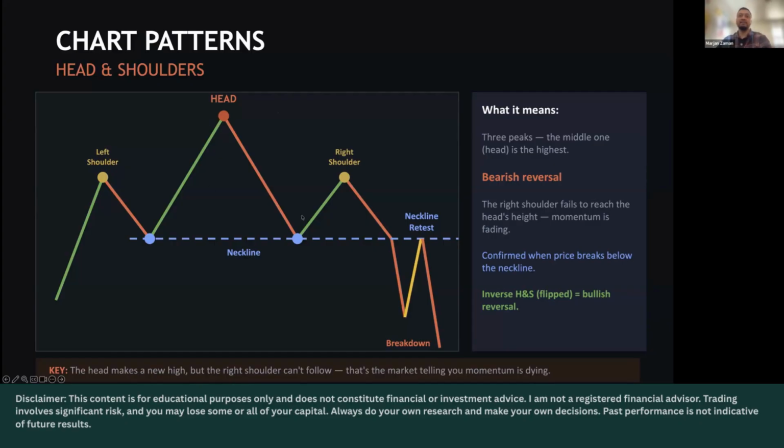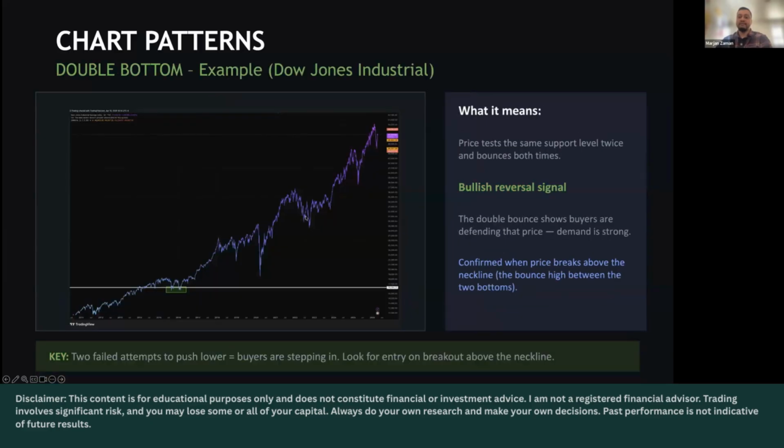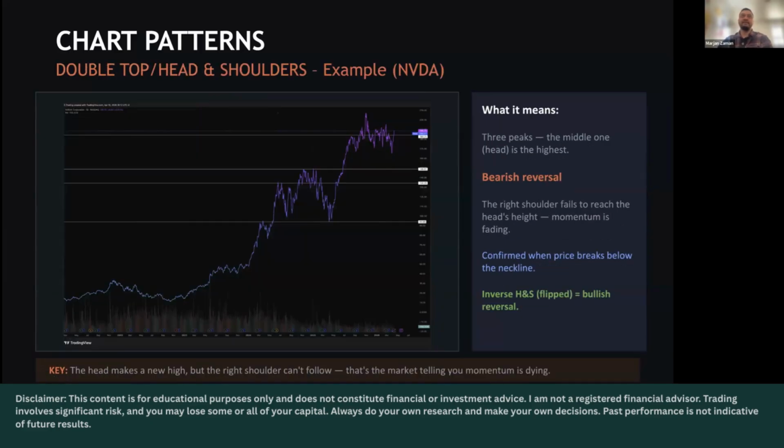So let's say for NVIDIA, right? This is NVIDIA. Let's say that you want to try to make as much as you can by holding NVIDIA. It's just going up and up and up, and then it starts to make these patterns. Maybe if you sold here, while it's going up, you made profit, right?